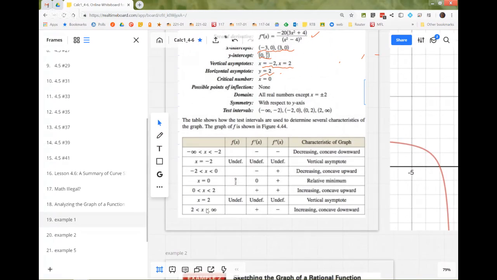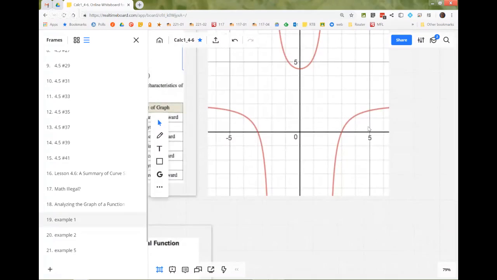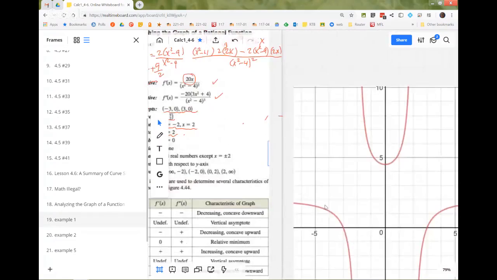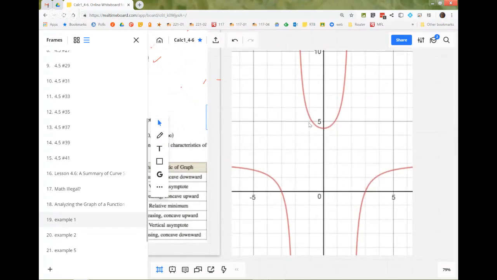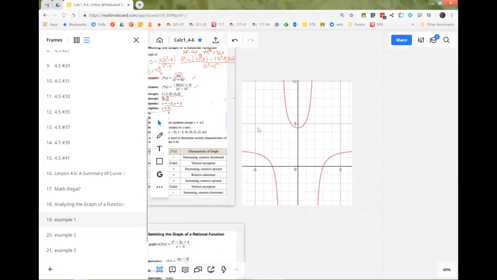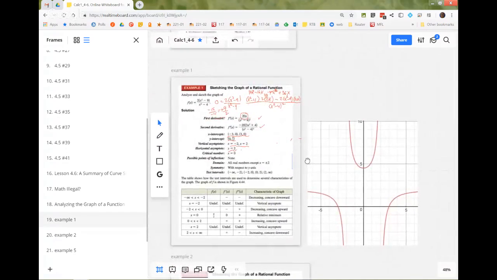And from 2 to infinity, it's increasing, concave down. And between 0 and 2, it's concave up. And that's this part.